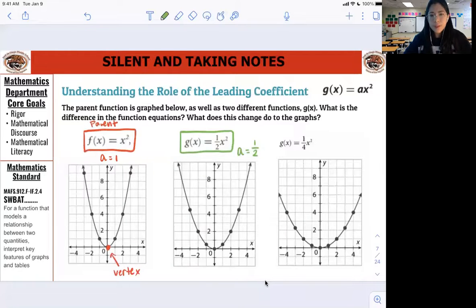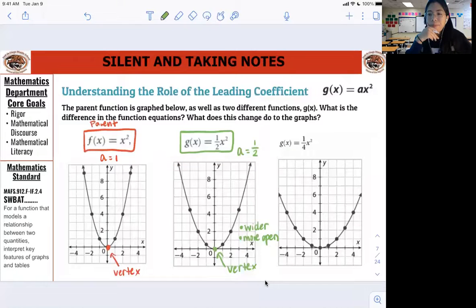It got wider. Same exact vertex, but because my leading coefficient is a fraction, it's wider, it's more open.